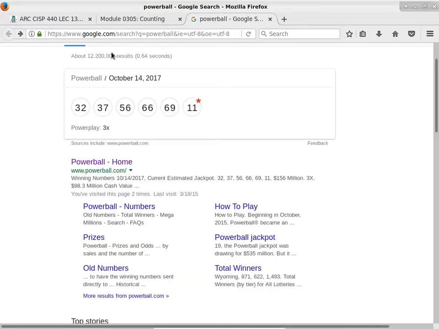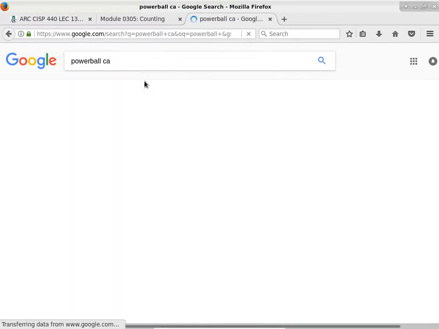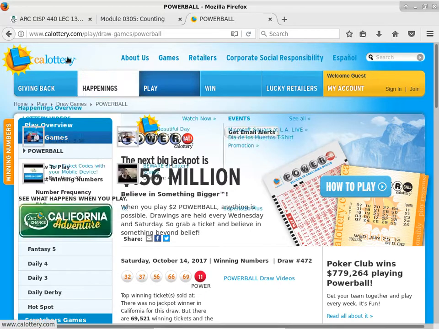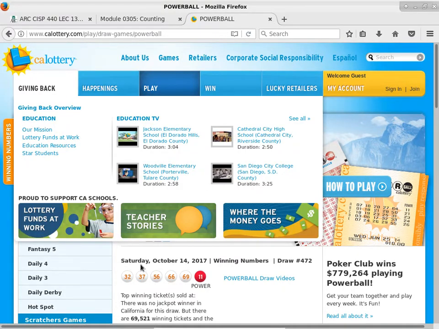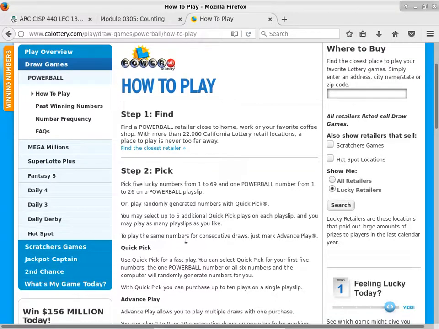okay. So we'll go back to the page that we were at last time. So we'll go to the California version and right here. Oh, actually, we can just click on how to play, because how to play shows you how it is done. So it says, pick 5 lucky numbers from 1 to 69.